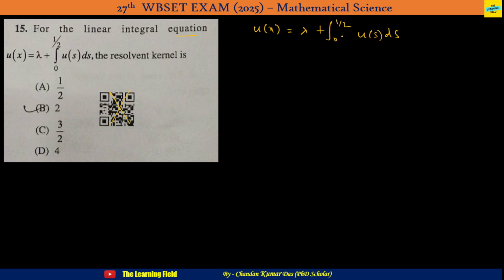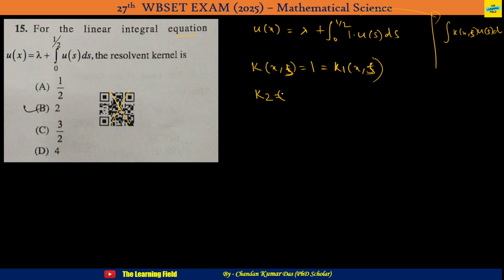We know this will be integration of K(x,s) u(s) ds, and it is given that K(x,s) equals 1, which we say is K1(x,s). Now K2(x,s) equals integration 0 to half of K1(x,z) K1(z,s) dz.